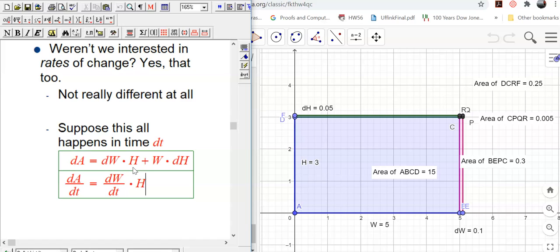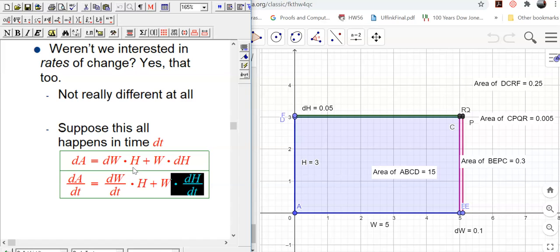This is part of the power of knowing the differentials: once you're clear on the differentials, if that all happened in 1 millisecond, then I just divide everything by 1 millisecond. This turns from how much the height changed to how fast the height is changing as a function of time. This changed from how much the width changed to how fast it's changing as a function of time. And this is how fast the area is changing.